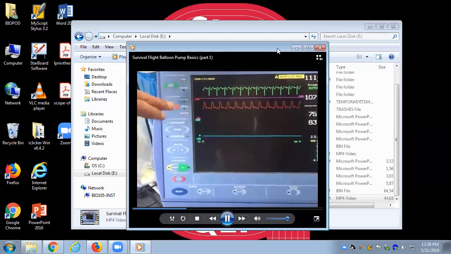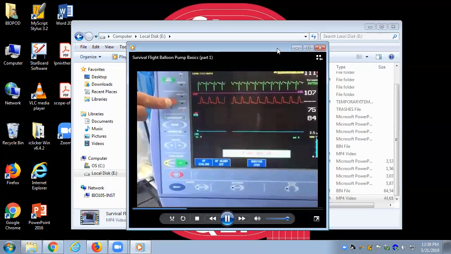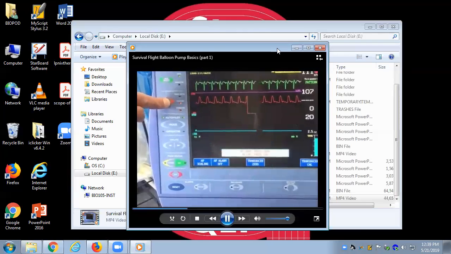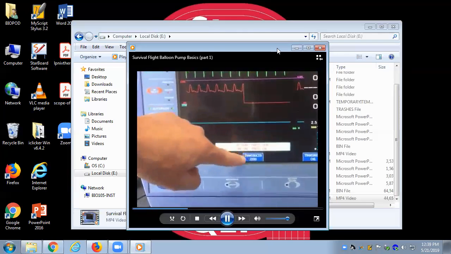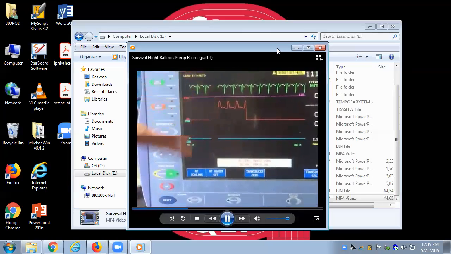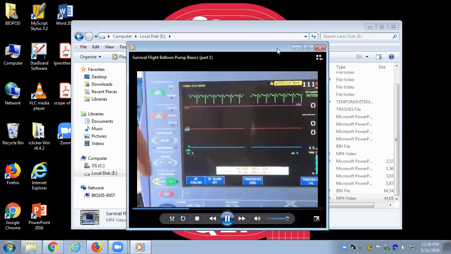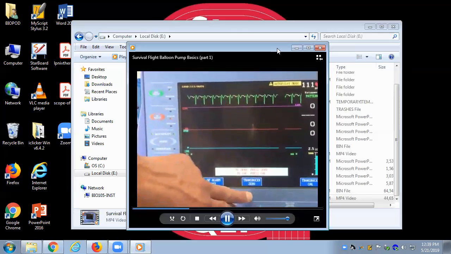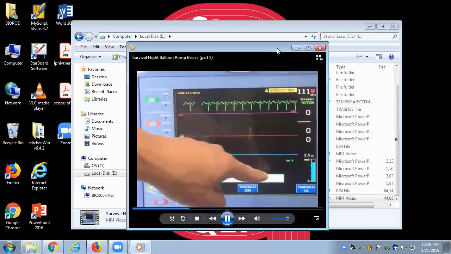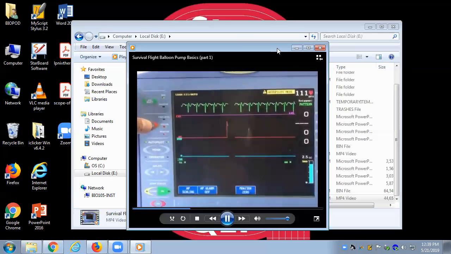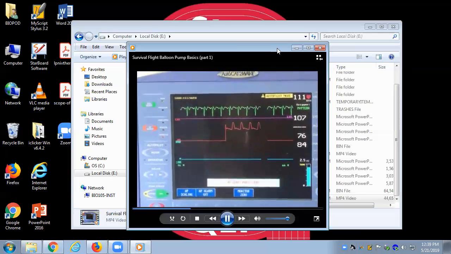So I'm going to select the transducer. Automatically it'll come down here and have us zero the transducer. So we'll go off to the patient, on the air, you'll get a flat line, then we'll go to transducer 0. It'll tell us that we're 0, and then we'll go back onto the patient and we'll be set.